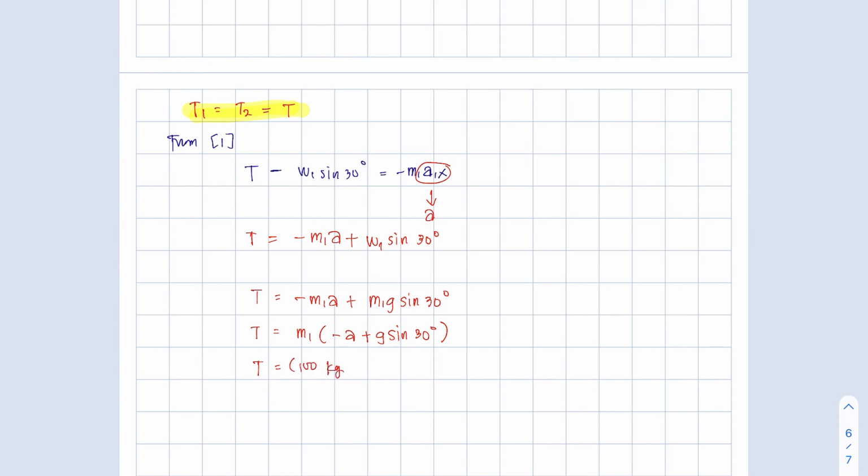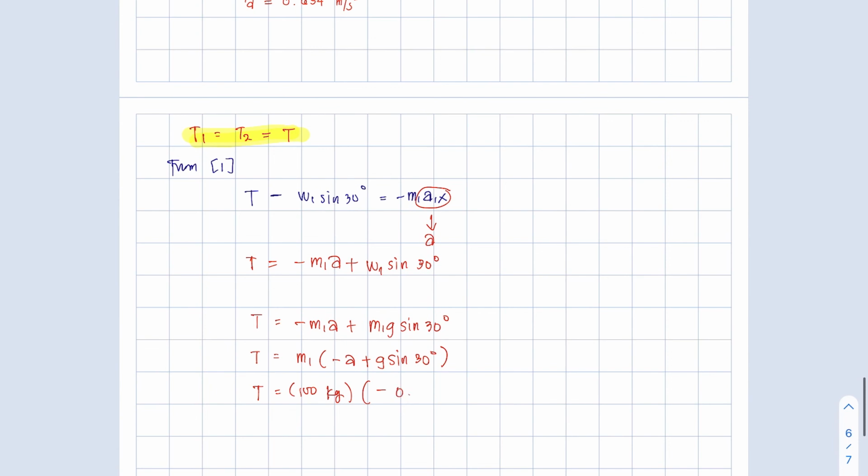M1 is 100 kilograms. Tapos, yung A ko is negative 0.654 meters per second squared plus G, which is a constant at 9.8 meters per second squared. And then the sine of 30. So, I'm hoping you remembered yung unit circle that the sine of 30 is just 0.5 or 1/2.